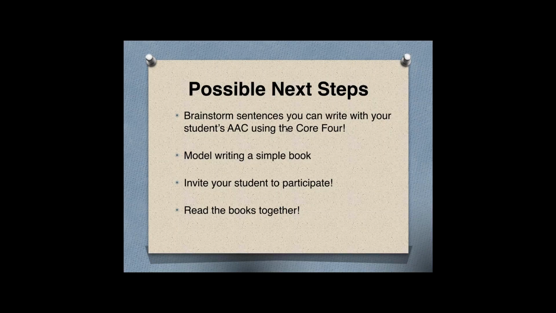Where it starts to get fun is when we get into categories, because the categories are the specifics that they really care about. The carrier phrases, those high-frequency words that allow them to really communicate about those things, are the core words. But now we can start really getting into their categories when we delve into shared writing.